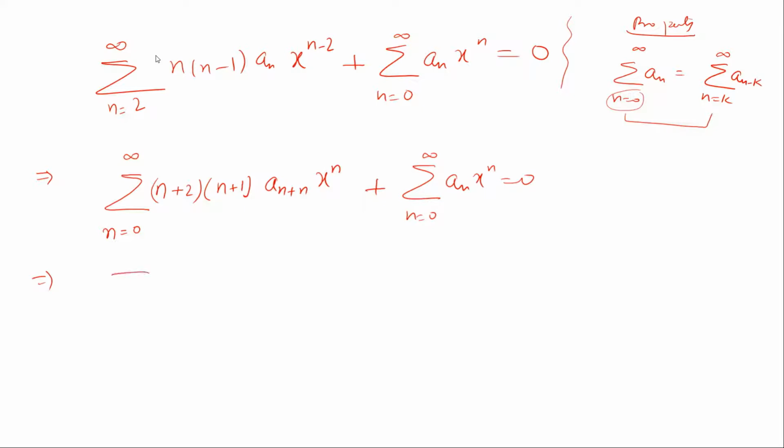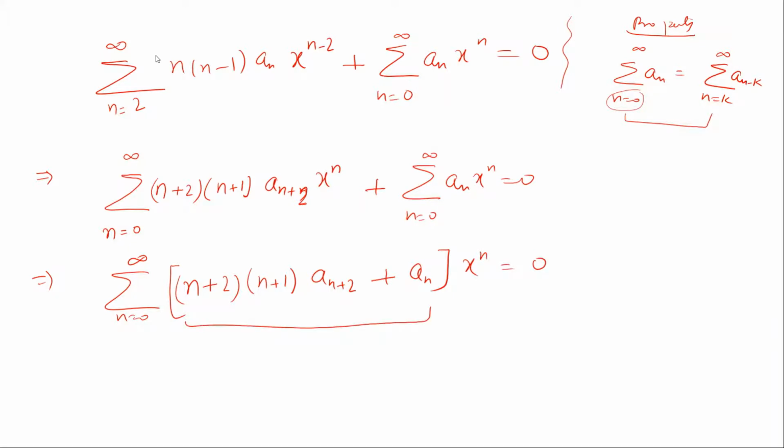So we can take n = 0 to infinity, and we have (n+2)(n+1) a_(n+2), and this coefficient was plus a_n, times x^n, is equal to 0. So for that, this must be equal to 0.